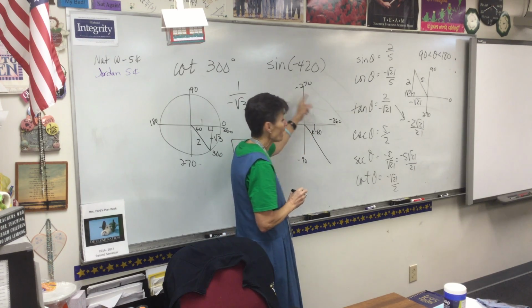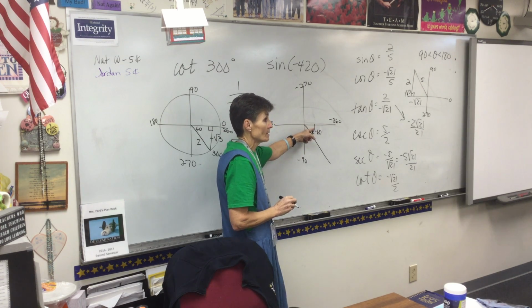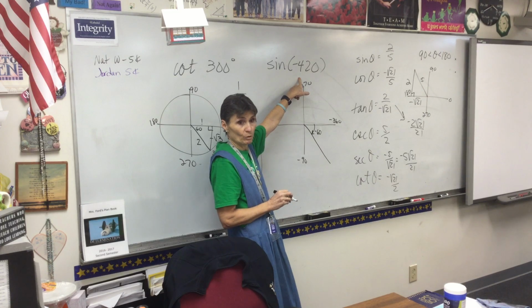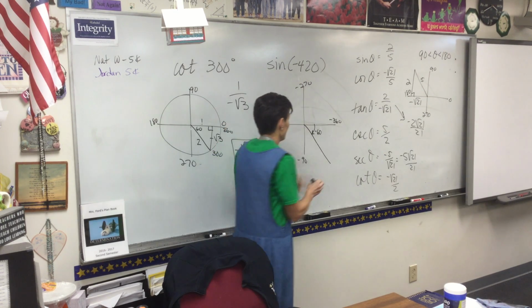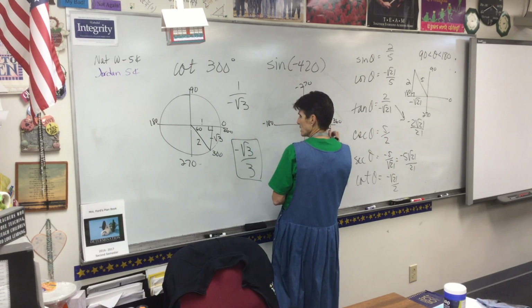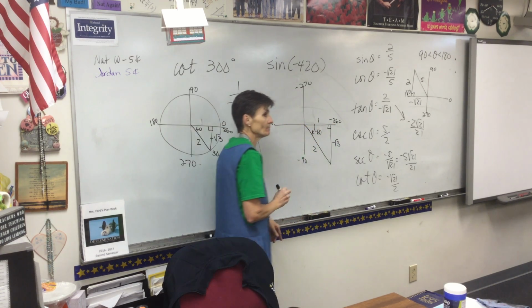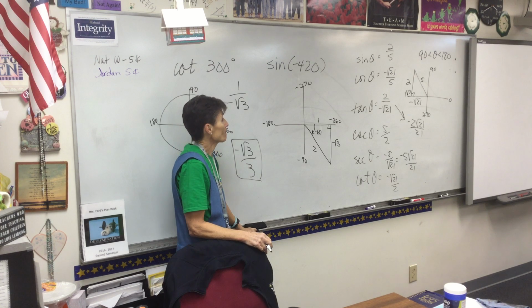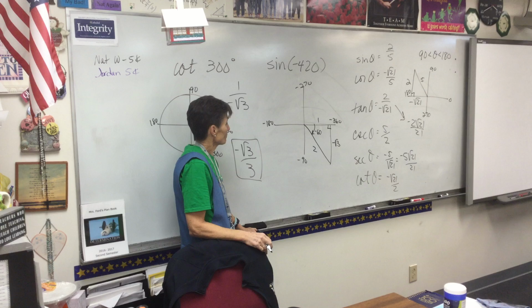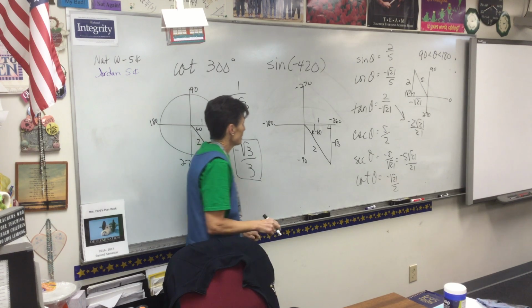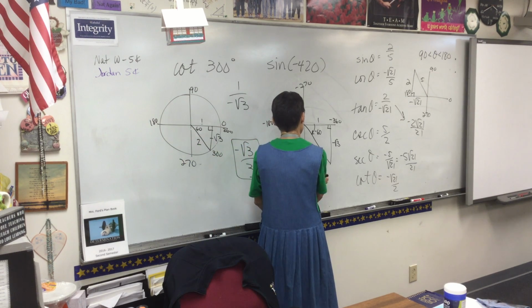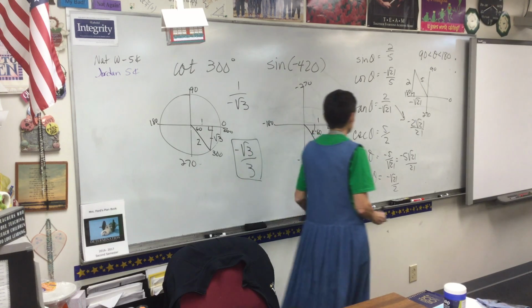Because if I go all the way around, that's 360. Then I got 60 more to get my 420. So I think it's the same triangle. Isn't that the same triangle? Yep. Only this time I want the sine. Opposite over hypotenuse. Negative root 3 over 2.